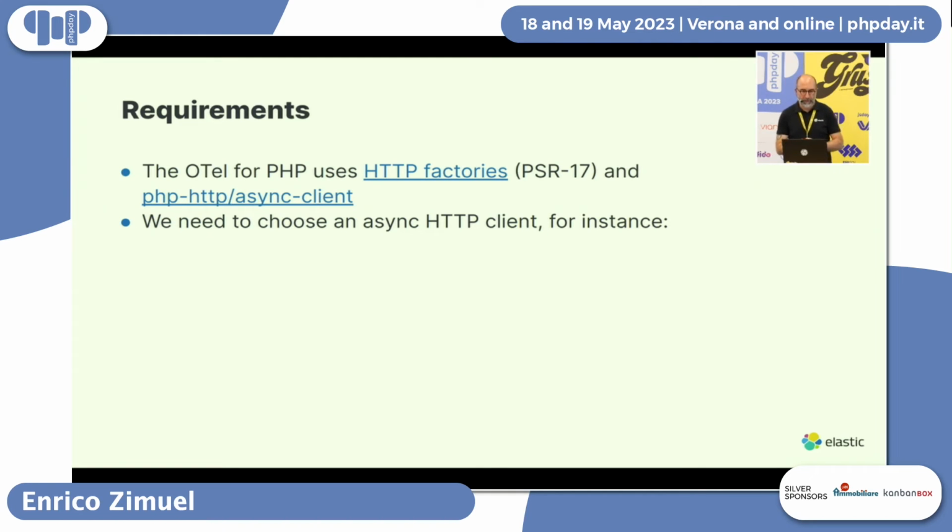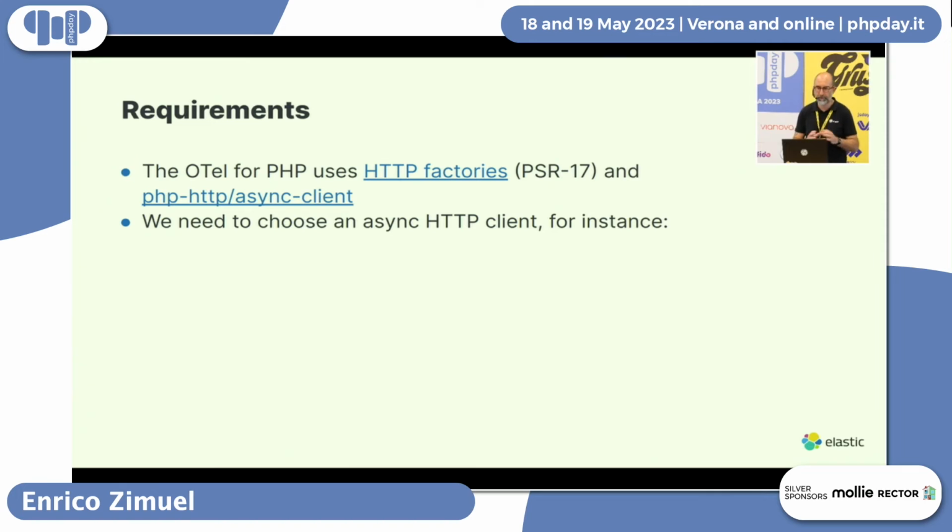Just some technical requirements for running OpenTelemetry PHP. Internally, they use HTTP factories, so the standard PSR-17. That means there is no hidden HTTP client inside, so we just ask, please, which kind of HTTP client do you want to use?